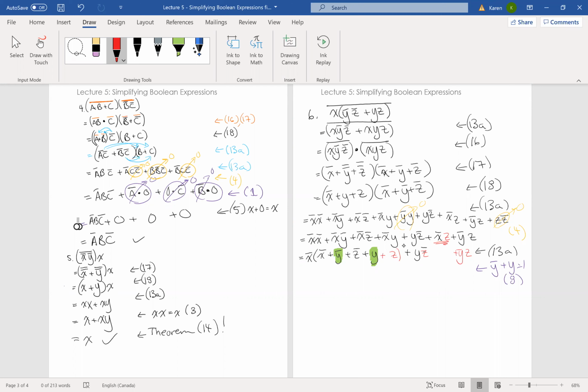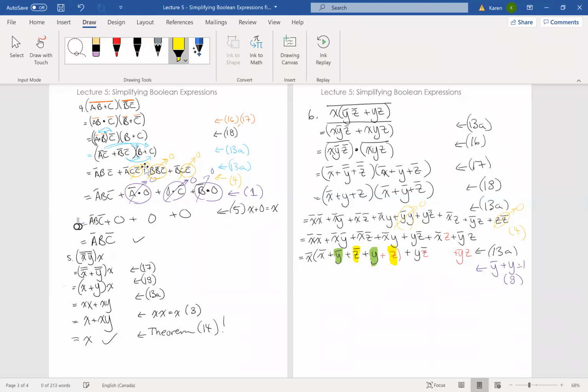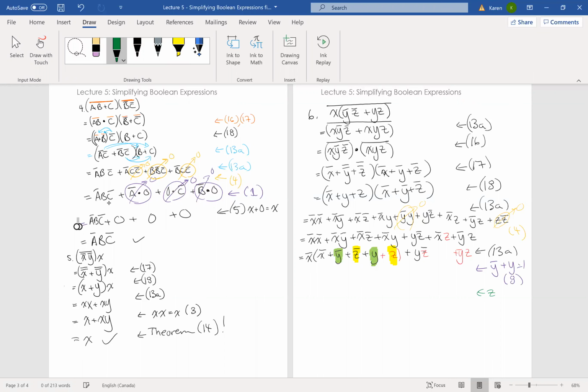Here I had XY, but it should have been XZ. So, sorry, X bar Z. Then when I take that X bar, here's the Z that I was missing in there. And now I can see that I have another expression here, Z bar plus Z, which is also governed by theorem 8. Z bar plus Z is equal to 1. So then that'll be another 1 in there.